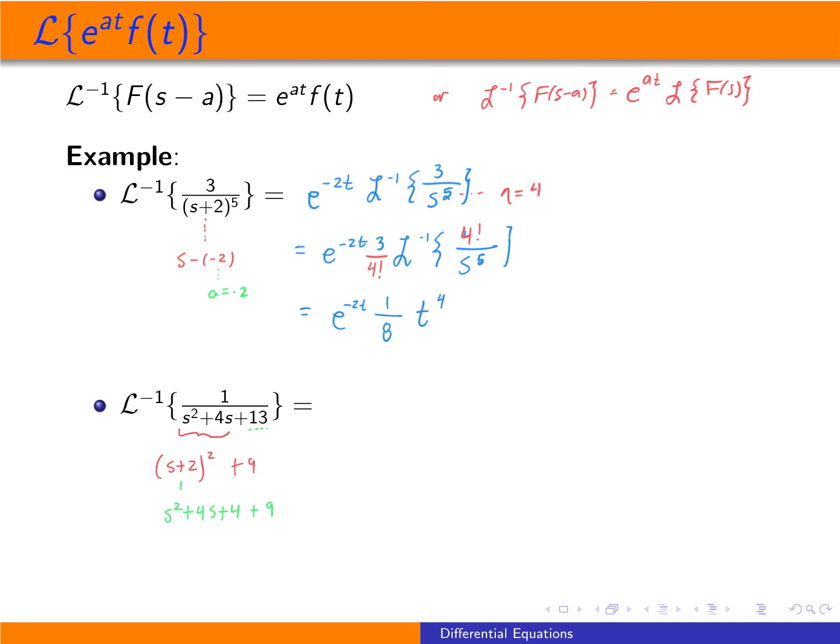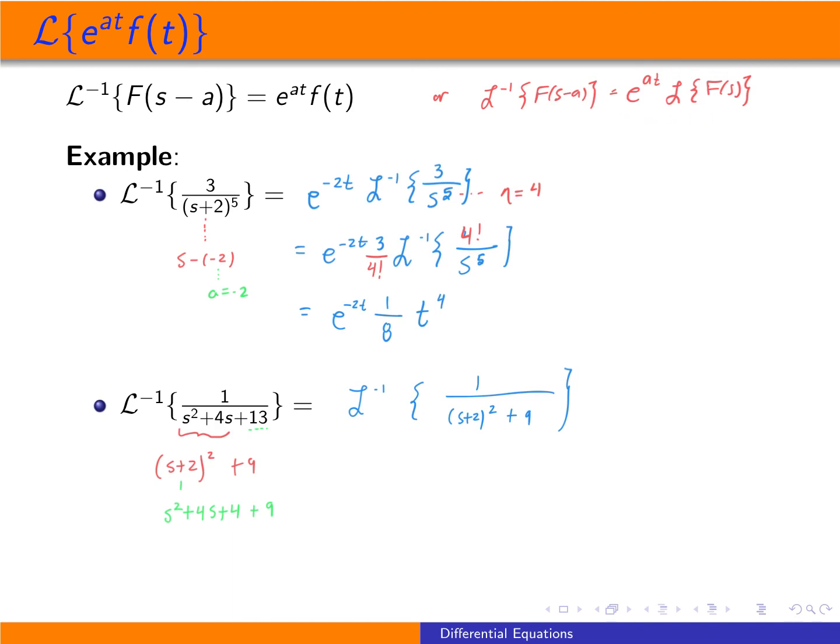And I think working our way through it intuitively is almost always the best approach here. So we have the inverse transform, 1 in the top, and in the bottom we have s plus 2 squared plus 9. And we now compare to this formula that we have above.